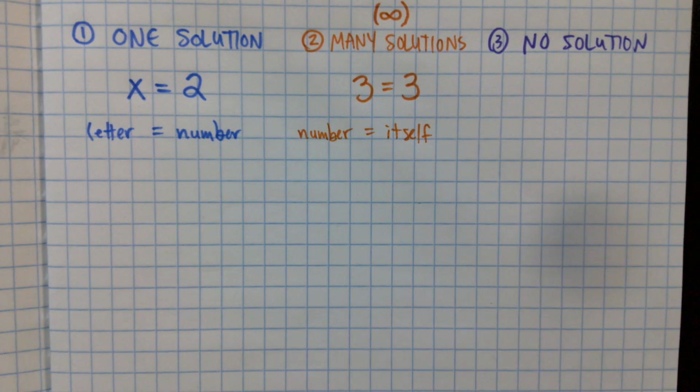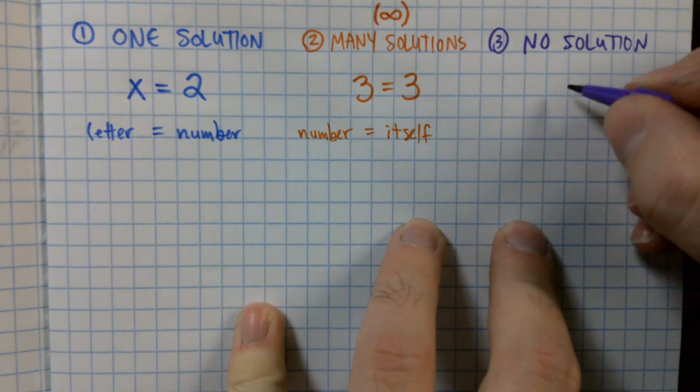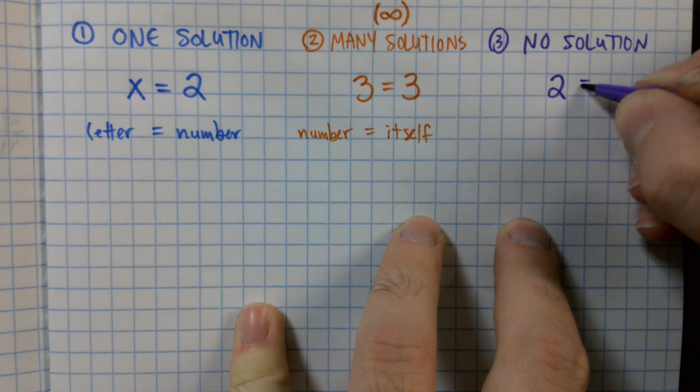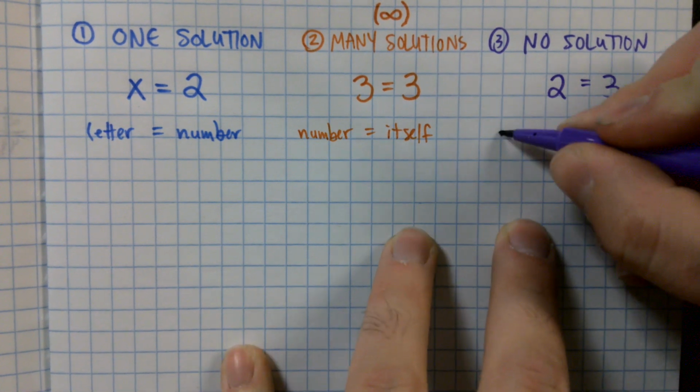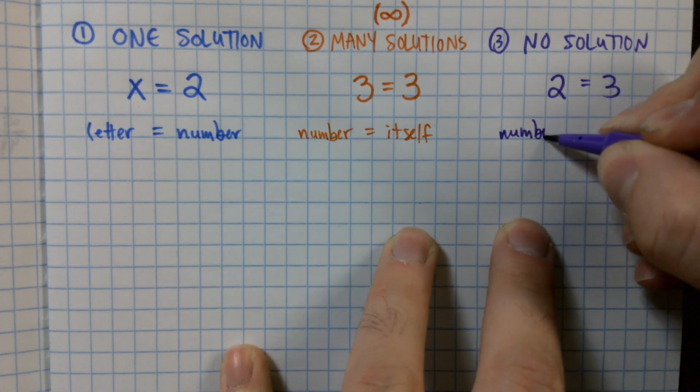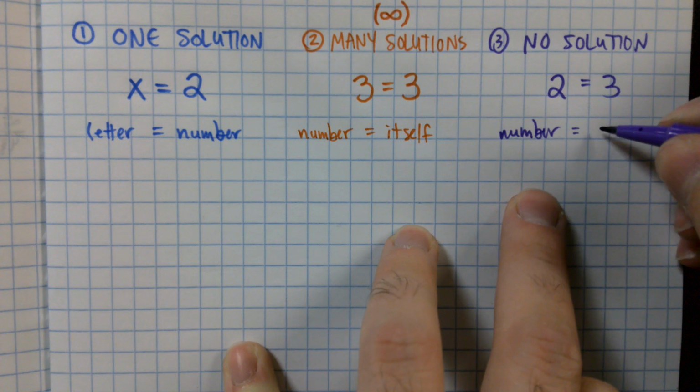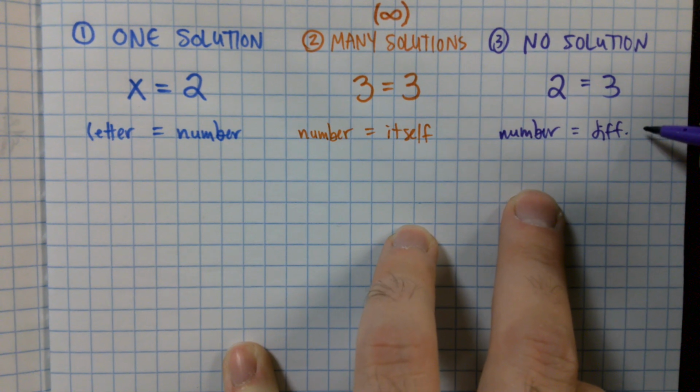And the last outcome is we have no solution at all. We know that we have no solution when we see something like 2 equals 3, or a number equals a different number.